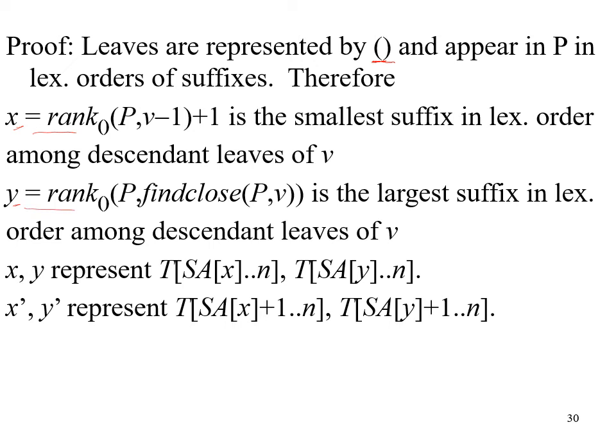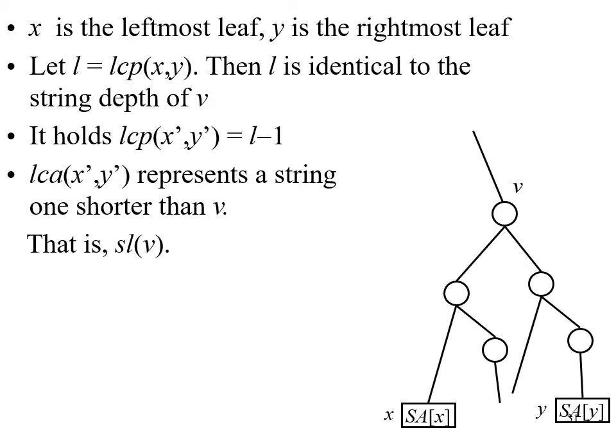Then the leaf x represents the suffix whose position is SA[x], and y represents the suffix at SA[y]. If we compute psi, then x prime represents the suffix at position SA[x] plus 1, and y prime represents the suffix at position SA[y] plus 1. Okay. x is the leftmost leaf and y is the rightmost leaf.